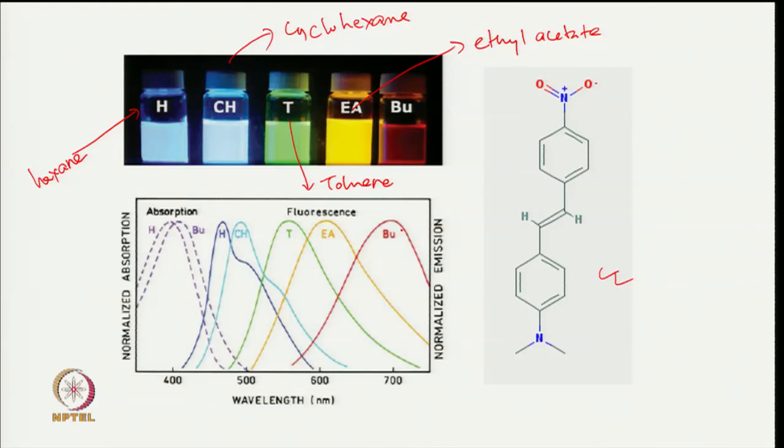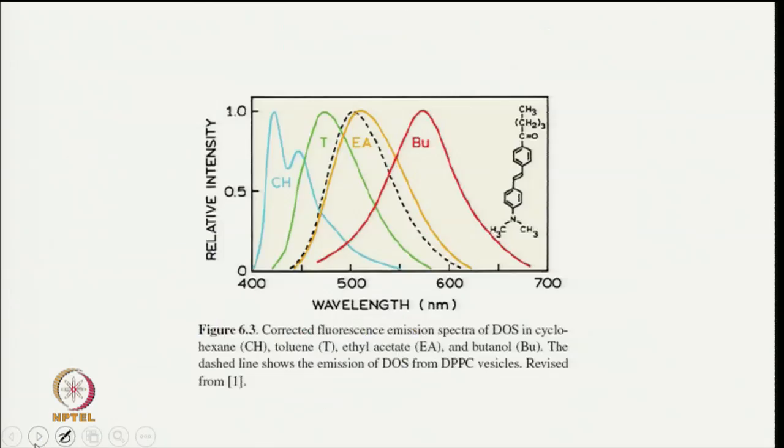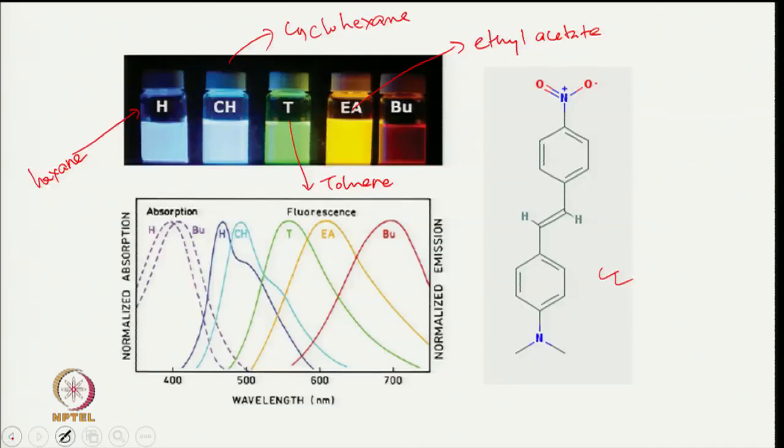As the polarity of solvent increases, the lambda max of the dye increases. Sorry, this is for butanol. So, please correct it. This is not for butane, this is for butanol, and that is why this one is more polar compared to ethyl acetate.